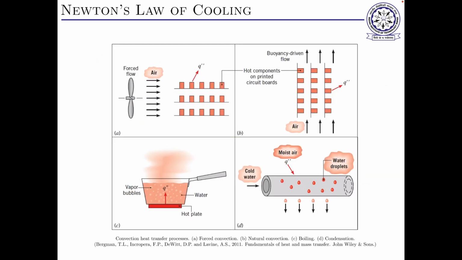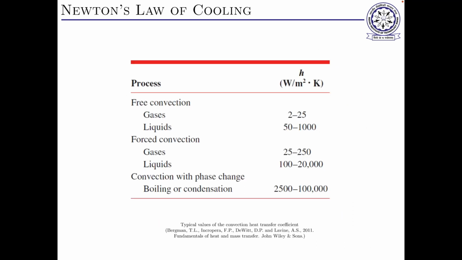So in major settings, four types of things are possible. One that I already told, forced convection, another is natural convection, one is boiling, and another is condensation. Why am I telling this? Because I want to give you a comparison of how effective these things are. Free convection is almost the least effective. Forced convection is a little bit more effective, but it needs a prime mover.